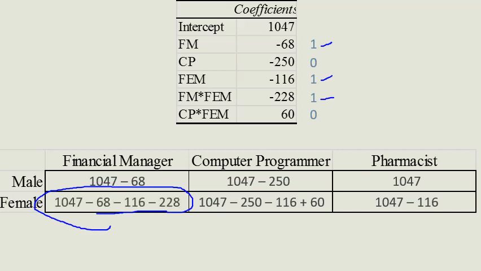And this gives us the expected salaries for female financial managers. It is worth noting that these expected salaries are all exactly the same as the factor level combination means that I showed you a few slides ago. And this always happens when we have a full regression model with all possible interaction variables.